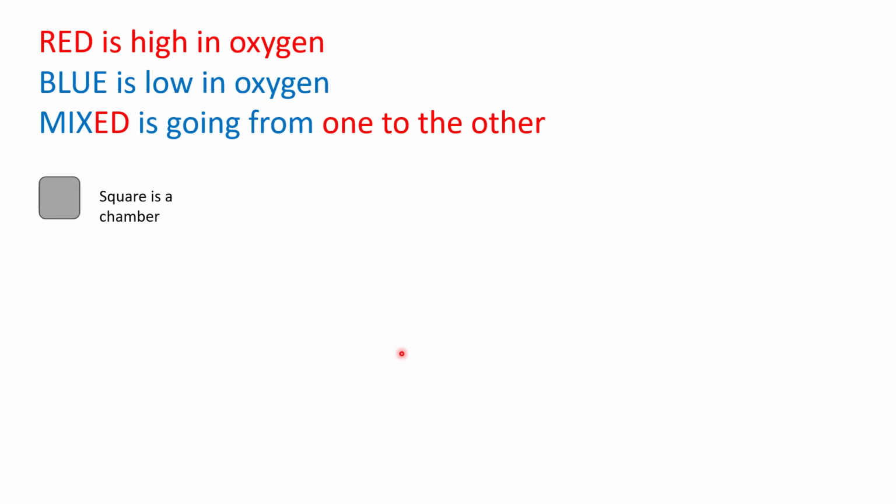There's going to be a certain number of spots on the drawing where you see a square with some text inside of it. A square represents a chamber of the heart. A circle is a valve in the heart that the blood is passing through. So that's the key for the drawing that we're going to use.